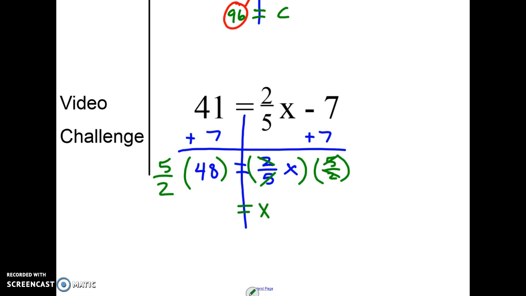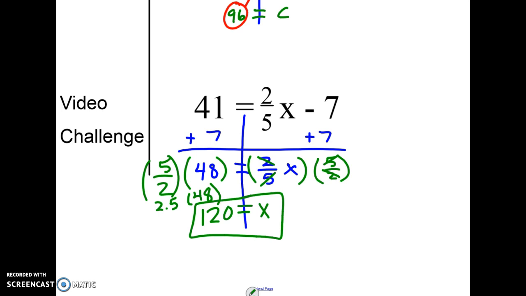And then on the other side, we have 5 halves times 48, and that would be something that you'd want to plug into a calculator. Whether you use that 5 halves or you could use 2.5 times 48, and that should work out to be 120. That would be your solution for that. And then you're definitely going to need a calculator to verify this. Plugging in that 120 to make sure that we're going to get 41 on both sides.